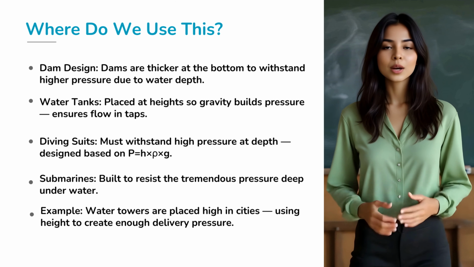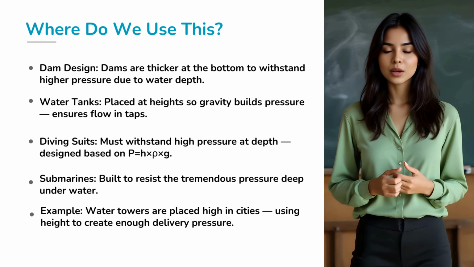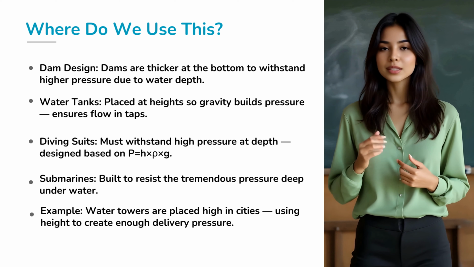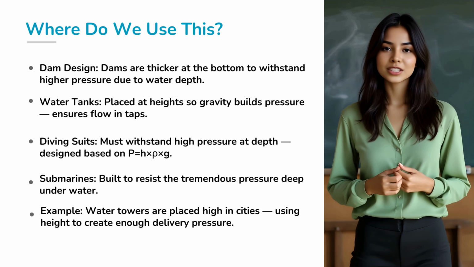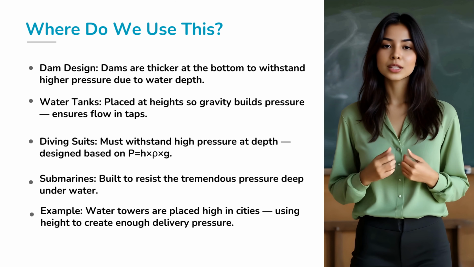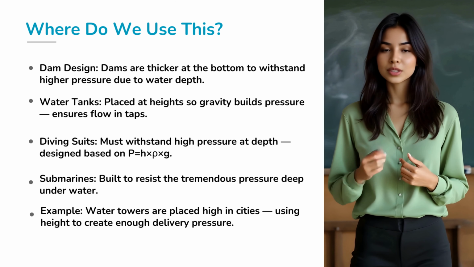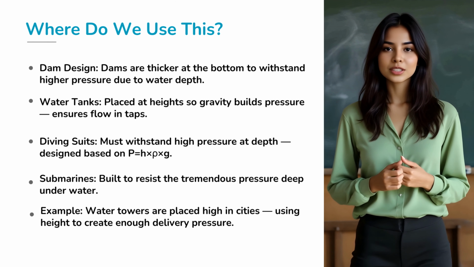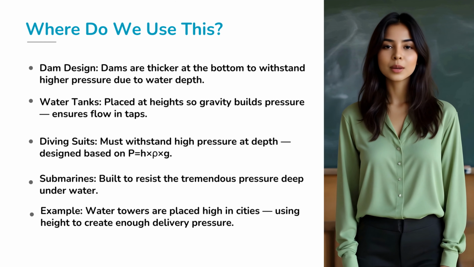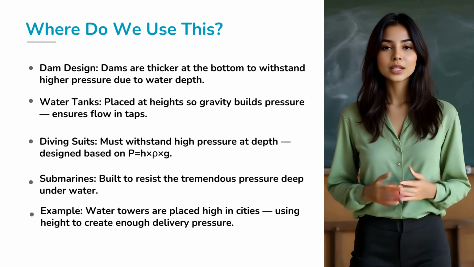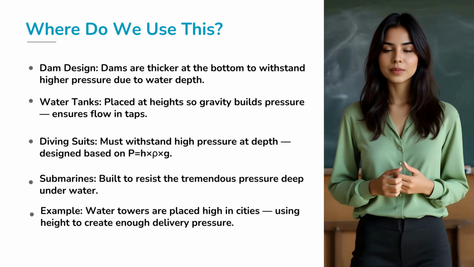Now let's see how this concept helps us in the real world. Dams are thicker at the bottom because the pressure from the stored water is highest at the base. Engineers use the formula P equals H times ρ times G to design safe and stable structures. Water tanks are placed on rooftops so that gravity helps build pressure.